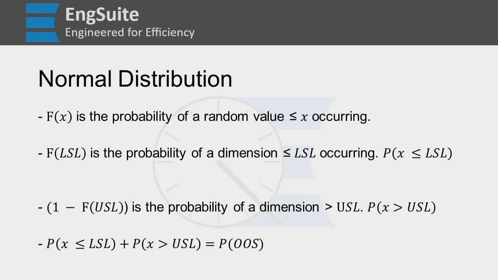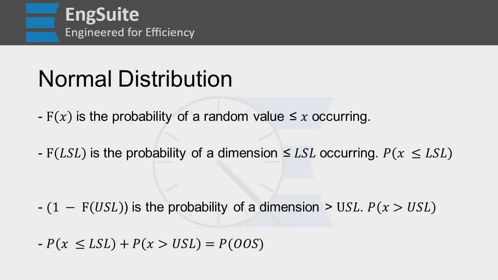So, what can we do? Well, if we know that the probability of x being less than or equal to LSL is the probability of a failing value less than the lower spec limit, anything less than your lower spec limit is a failing value. So now we know that this is the probability of failing below the spec limits.